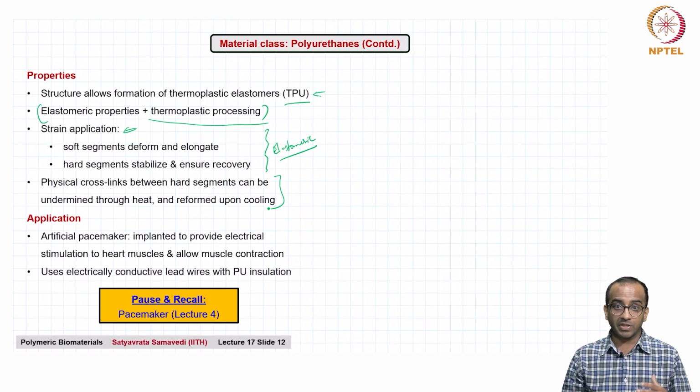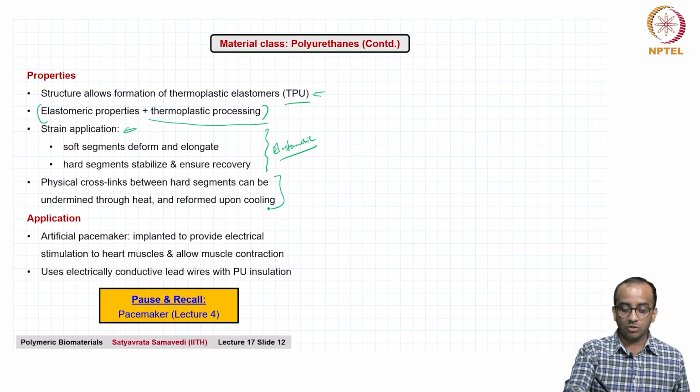So, this is something we have seen is a property of thermoplastics, which can be heated, cooled and reformed. And note that this is not possible with permanently cross-linked networks, which if you heat them, they will simply decompose or degrade. You cannot break the bonds. Here the cross-links are physical, which means you can break them and reform them. So, this gives you the thermoplastic processing ability.